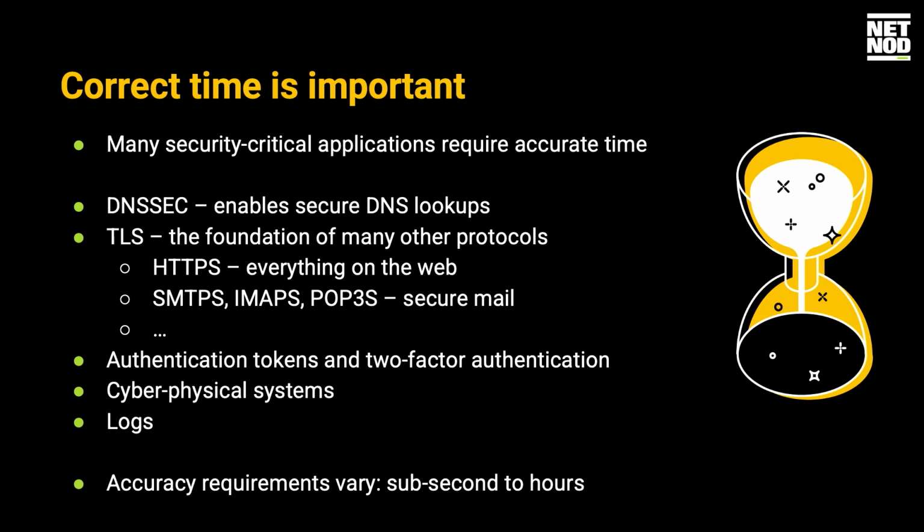Apart from that, we also have a bunch of systems that do authentication on networks. So we might authenticate ourselves as users, or a system might authenticate itself to an authentication server and get a token. Then we present that token to a second system to gain access to it. We may also have two-factor authentication systems to really make sure that we're the correct users.